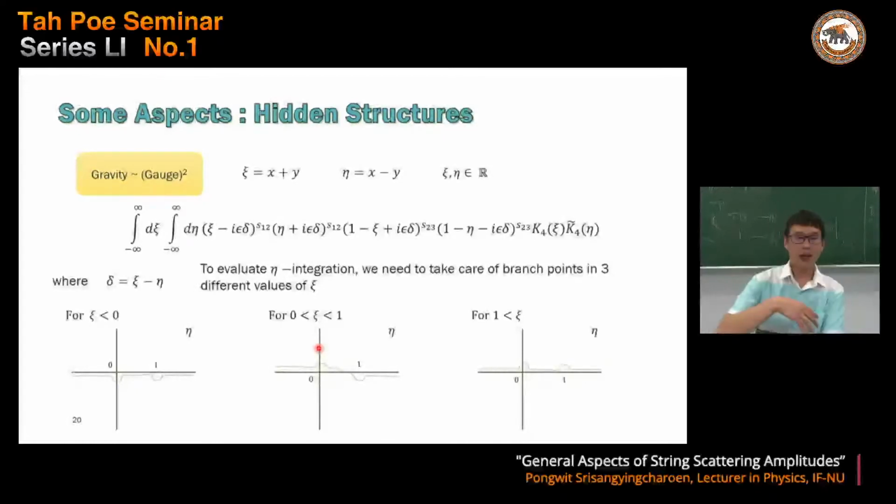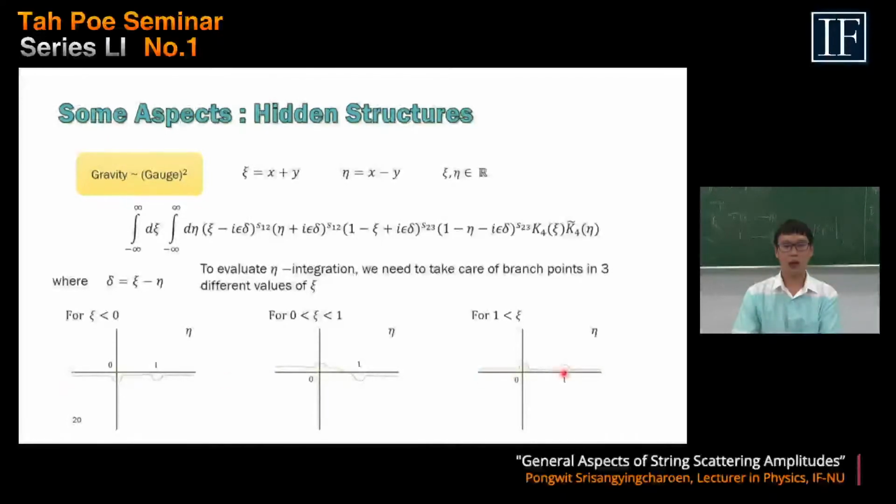And you can see that the integral is well defined at infinity, so that means the eta integral can be closed at infinity. For the first one, it can be closed in the lower half plane, and there is no pole in the lower half plane, so the integral is 0.